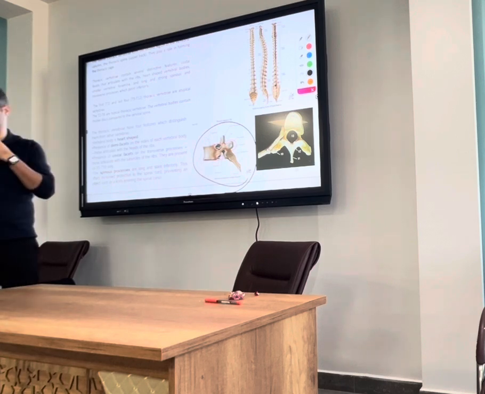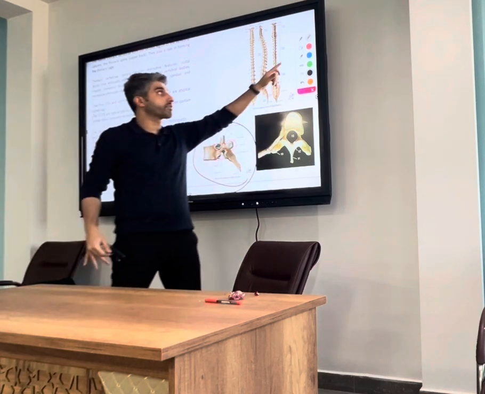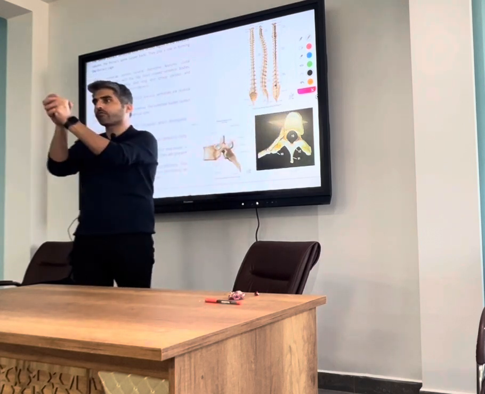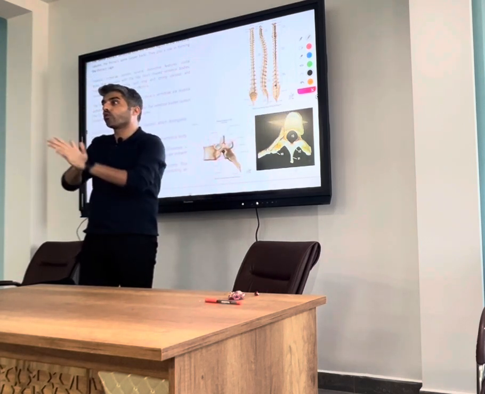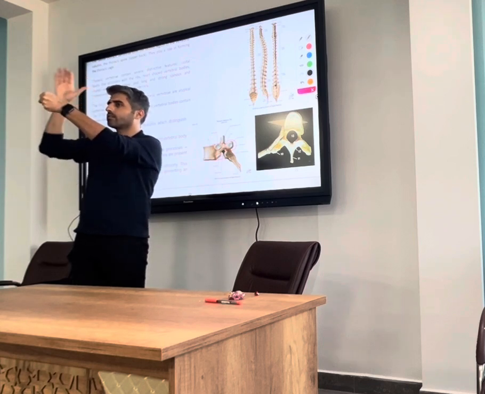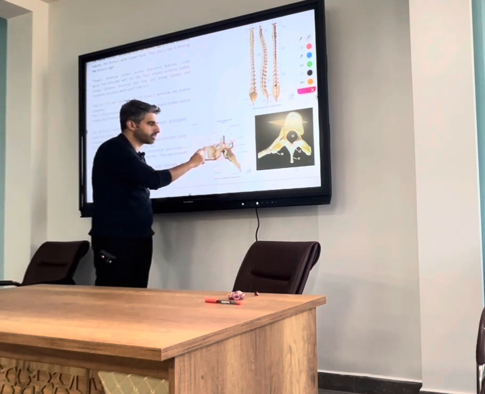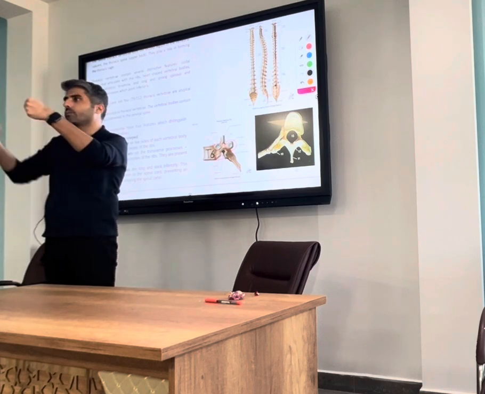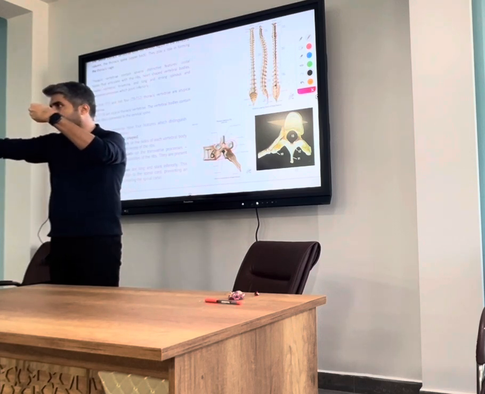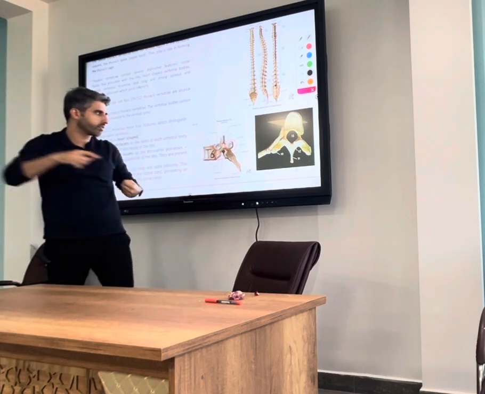Okay, pay attention. Lateral side of the vertebra, we have place for the ribs, right side and left side. So for which rib? This is T6, for example. Which ribs attached to T6? Rib number 6 attached to the 6 and 5.